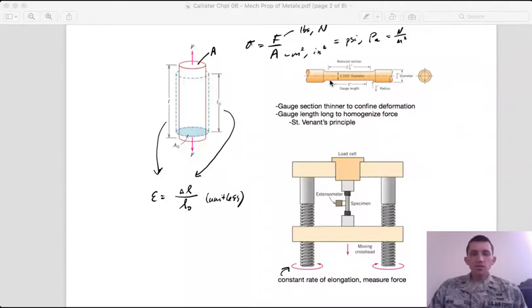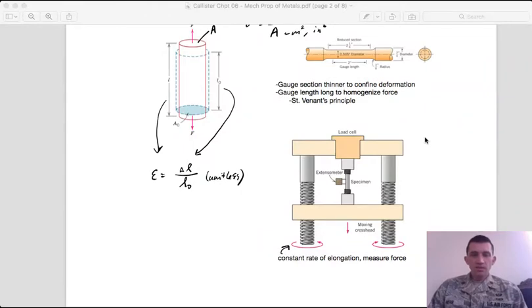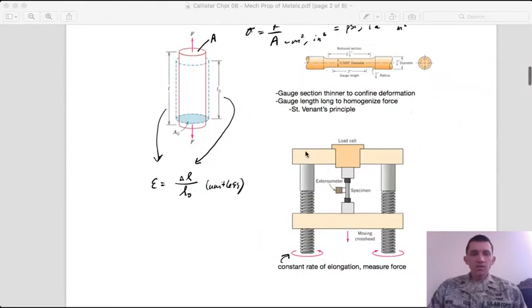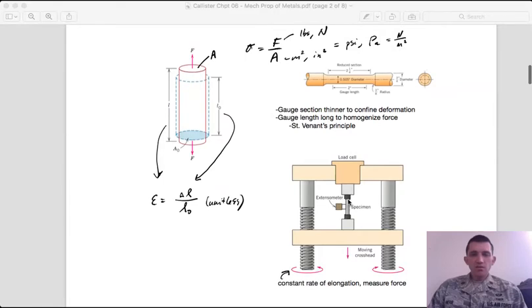You also want to make sure that your gauge section here is long enough that you can achieve a uniform force across the cross-section. And this is called St. Venant's principle. And what it says is that the further away from the end you get, the more homogeneous the force is across the cross-section.